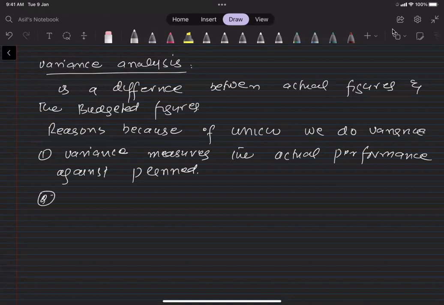Secondly, we can also try to find out the reasons because of which those variances have occurred.